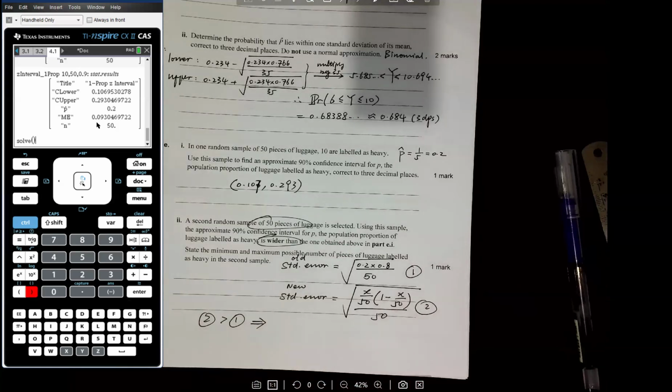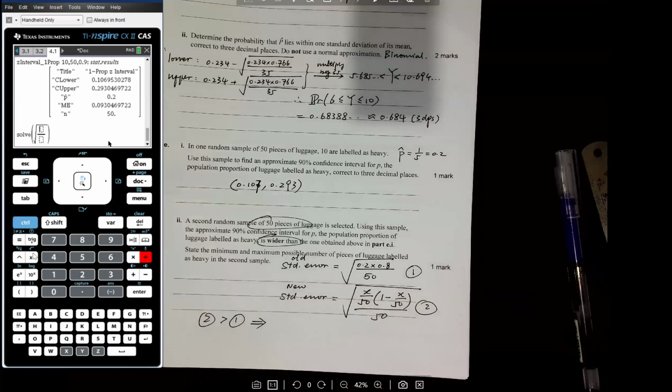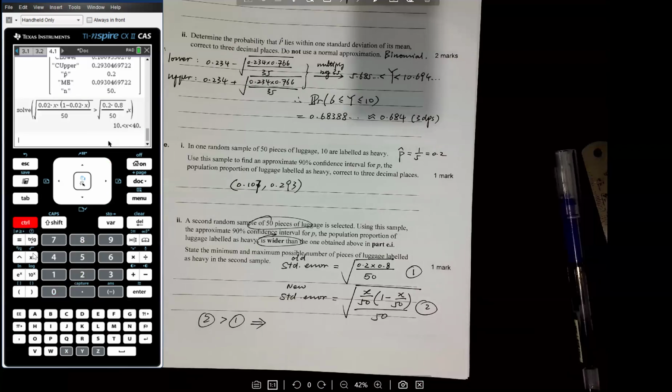So we use the solve button, a square root. Let's say square root of 0.02x times 1 minus 0.02x divided by 50 is larger than square root of 0.2 times 0.8 divided by 50, comma x.